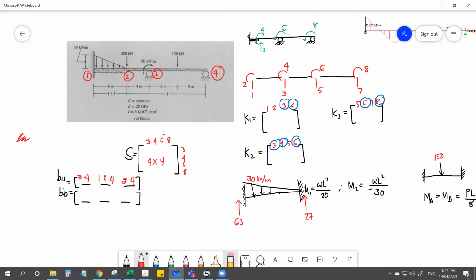3, 4 is on first and second, so this will be on 1 and 2.